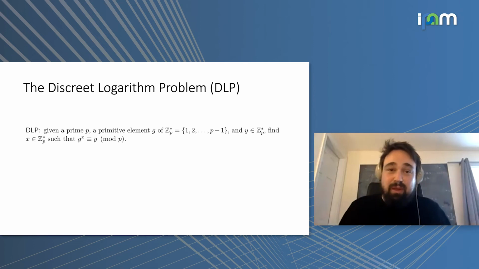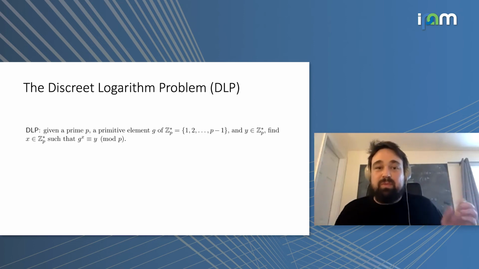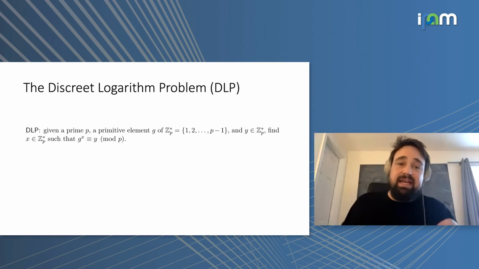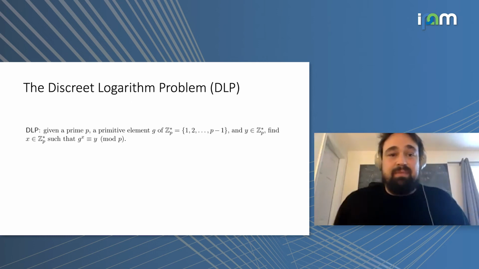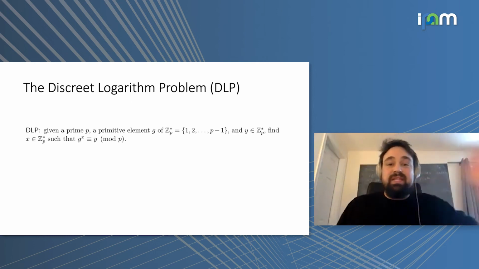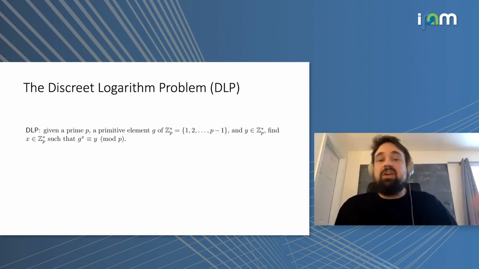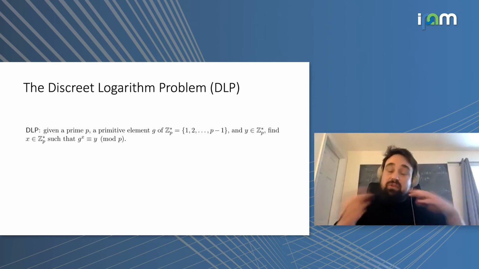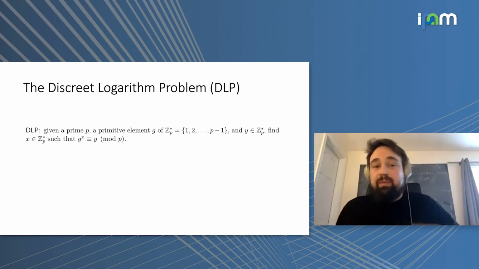So given a generator g of Z star P, you're handed an element y, and you want to know to which power within Z star P you have to raise g so that you match y.